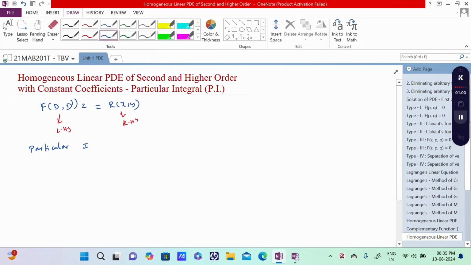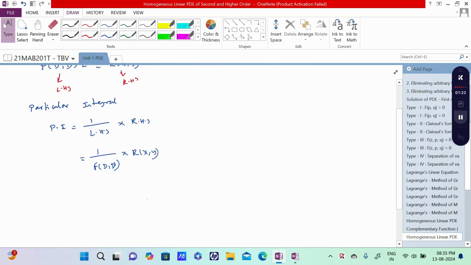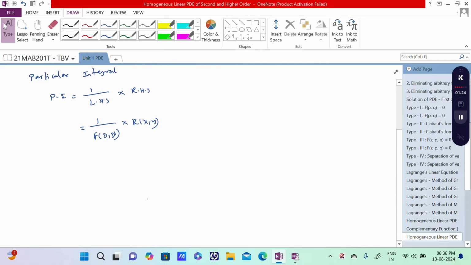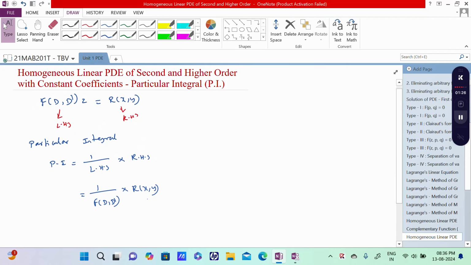Particular integral PI equals 1 divided by left hand side, into right hand side. So what is the left hand side? The function of D comma D dash, into another function of x comma y, R of x comma y. Based on the value, we have some types.